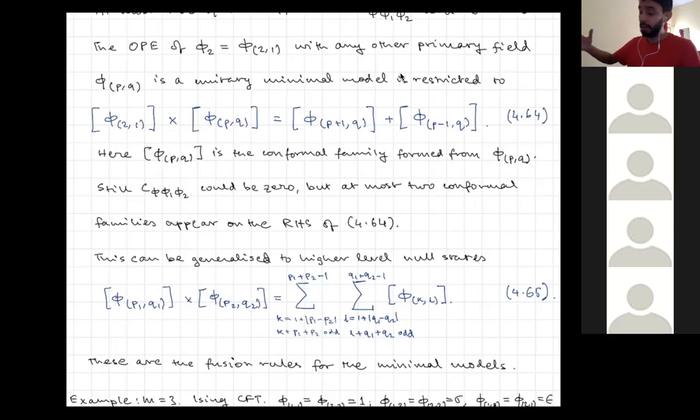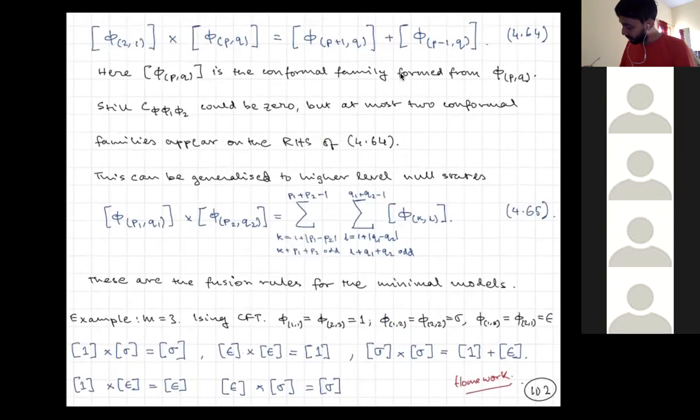That can only take fields out of the conformal families of certain particular primaries. So this is what the fusion rules of a minimal model are.